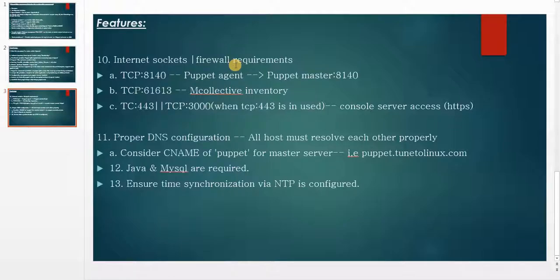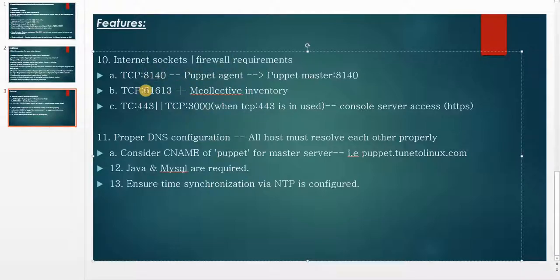And the other important feature or requirement I can say is your port. Okay, so certain ports need to be open in order for your Puppet Master or client to function. So you should ensure port 8140 is open.